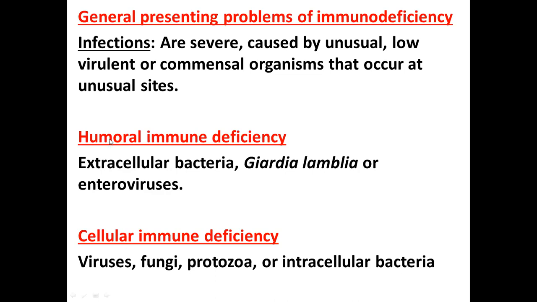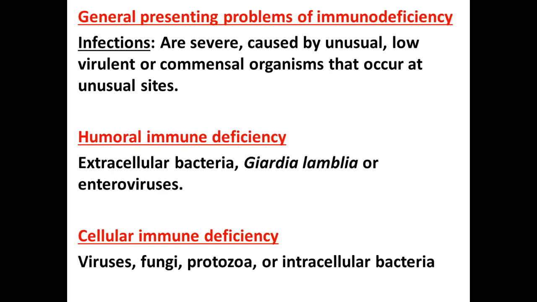Those patients who suffer from antibody immune deficiency due to B cell defect suffer from infection with extracellular bacteria لأنه شغل الانتيبوديز extracellular ما يقدر يدخل داخل الخلايا, Giardia lamblia or enteroviruses. Cellular deals with intracellular microorganisms like viruses, fungi, protozoa, intracellular bacteria.